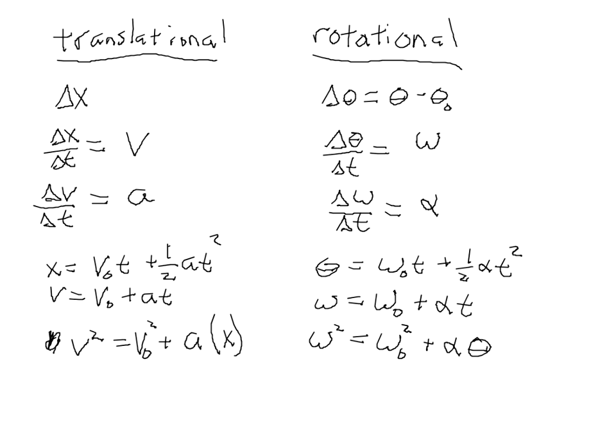So let's work an example using the rotational kinematic equations, and I will show you that the same approach to translational kinematic equations works with the rotational kinematic equations. Okay, so I'm going to go ahead and erase the translational ones so we have some room to work.